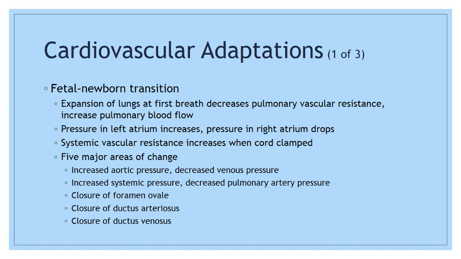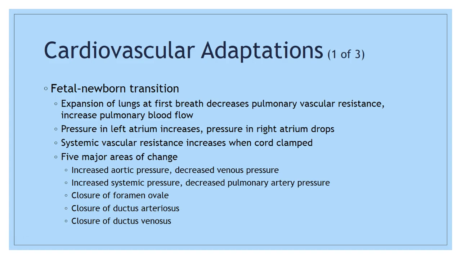The foramen ovale will close somewhere between 1 to 2 hours after birth, and then it'll close permanently around 30 months. The ductus arteriosus will close 10 to 15 hours after birth, and it will permanently close in around 4 weeks. It turns into the ligamentum arteriosum after closure.